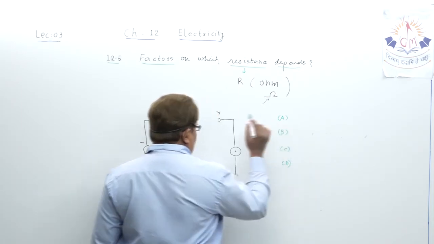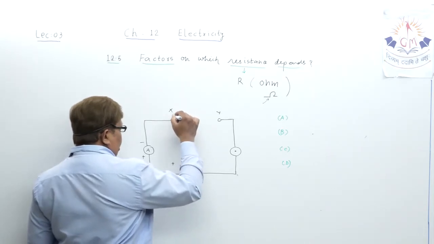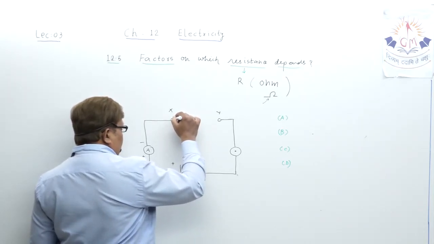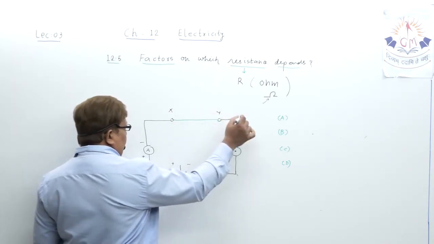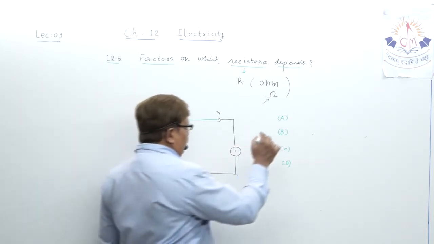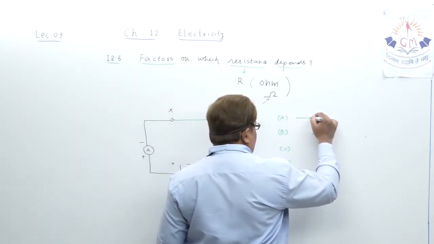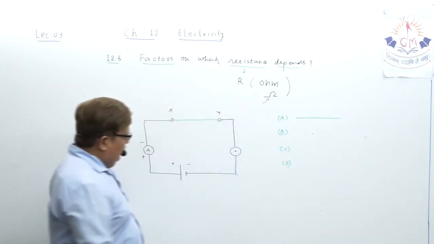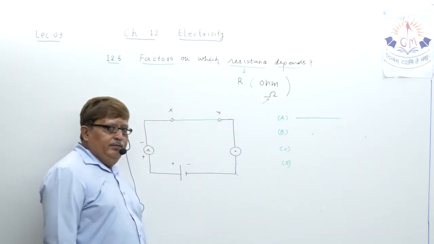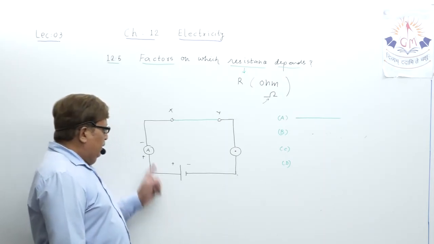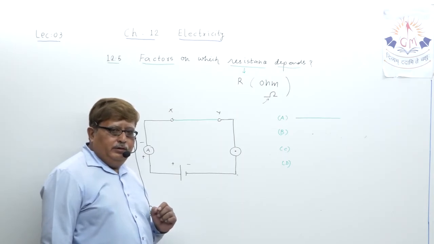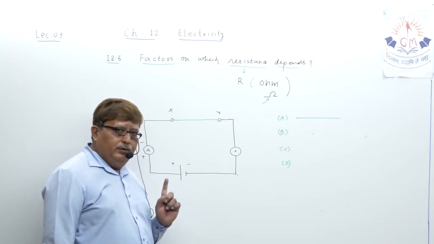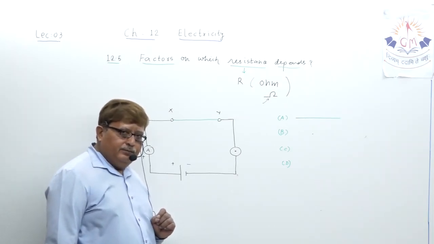In the first, I will just attach a nichrome wire here. This is a simple nichrome wire attached by me. Okay, nichrome wire. After attaching the nichrome wire here, let us try to note down the reading of electric current through an ammeter.